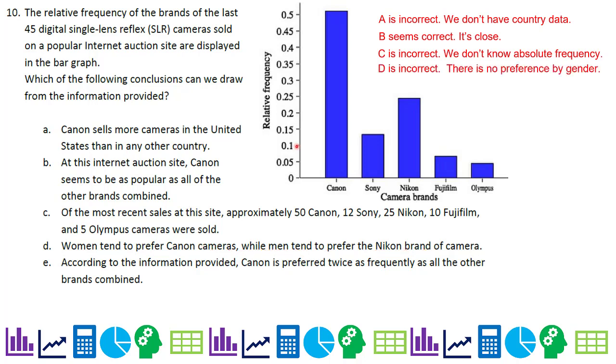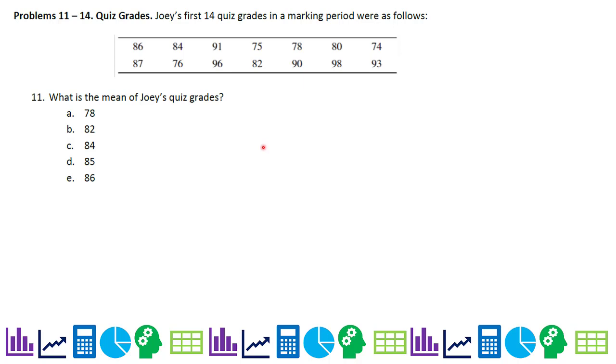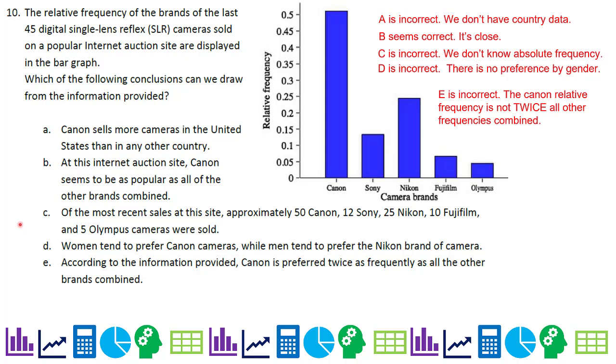I have no preference by gender, so I have no idea. According to the information provided, Canon is preferred twice as frequently as all the other brands combined. I would say it's probably equally as frequent, not twice. So the correct answer on this one is B. B is the correct answer there. Okay?